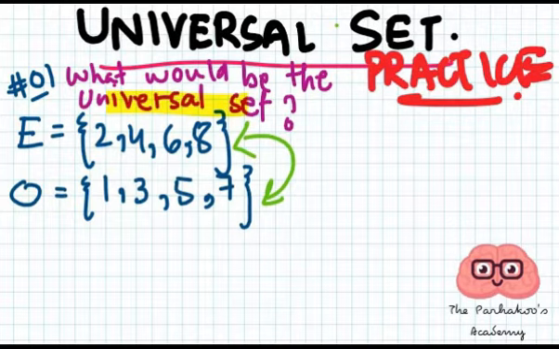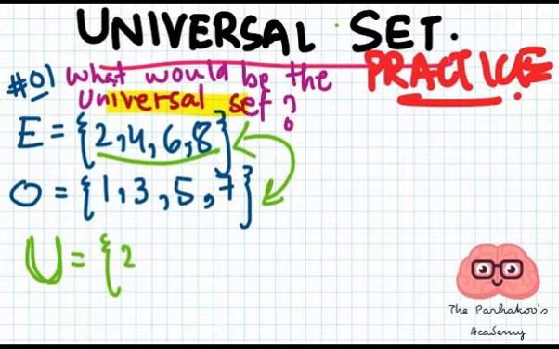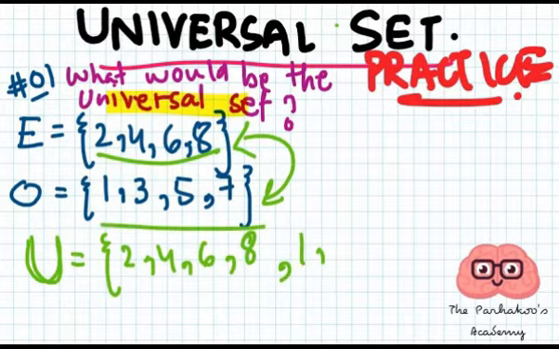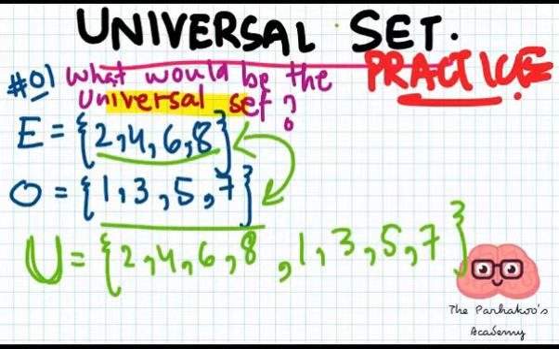Here we have even and odd numbers. So we are going to jot down all the elements: 2, 4, 6, 8. Then the other set has 1, 3, 5, 7. Order does not matter, but you can of course put them in order.